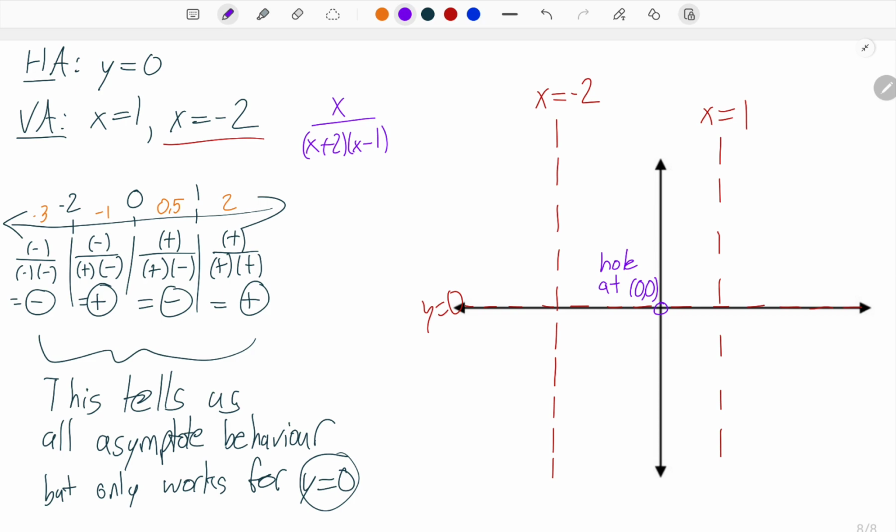So to the left of -2, our graph is negative. So that means we're approaching this horizontal asymptote from below and going towards negative infinity. Next, on the other side, we're positive. I should have put this label elsewhere. And then we're going to approach that hole. And then we're going to go towards negatives afterwards.